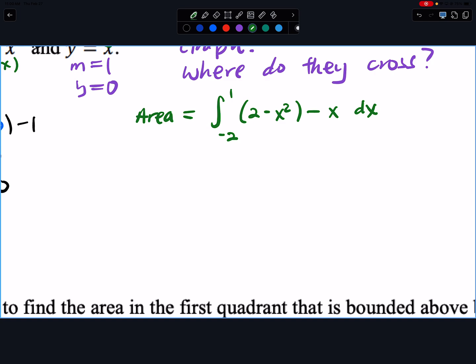So if I do the antiderivative, this is going to equal 2x minus x cubed over 3 minus x squared over 2 from -2 to 1. So unfortunately, I don't have any zeros here. So I have to do the math.